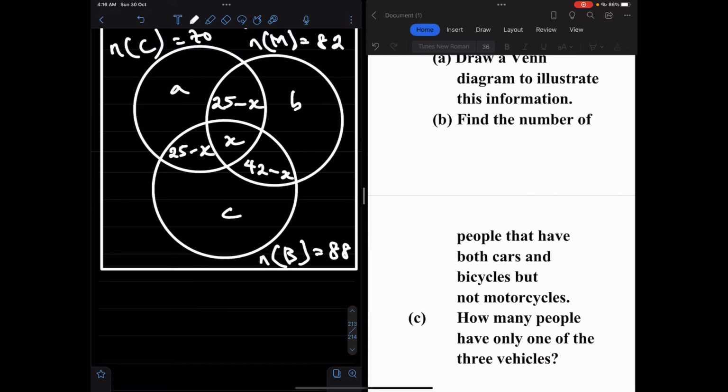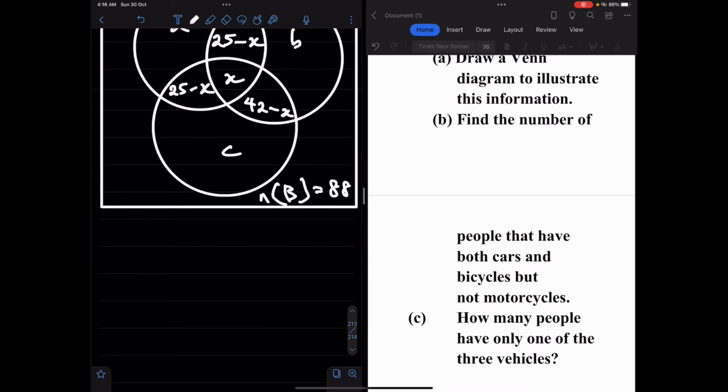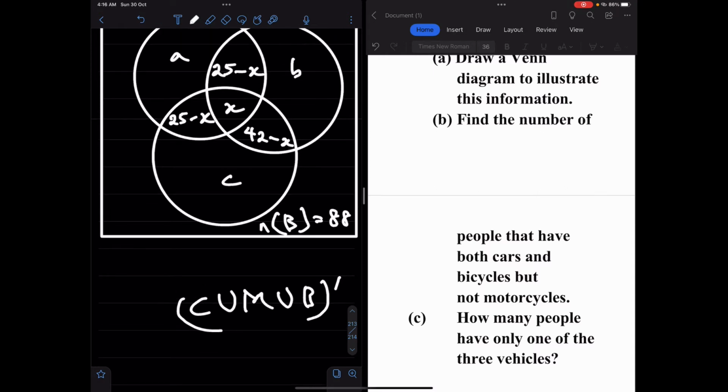They've said all of them have at least one of the vehicles, so there will be nothing outside the three circles inside the rectangle. That would have been the number of elements in the set C union M union B, all complement.